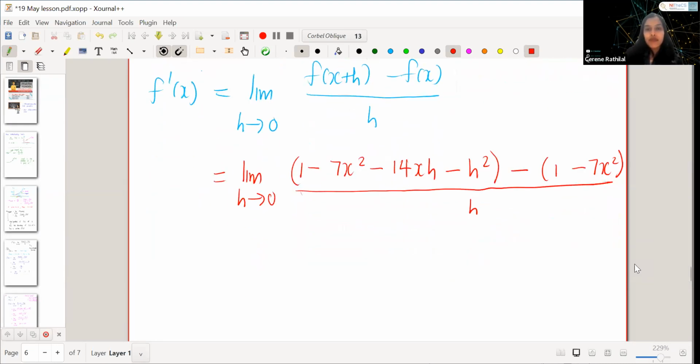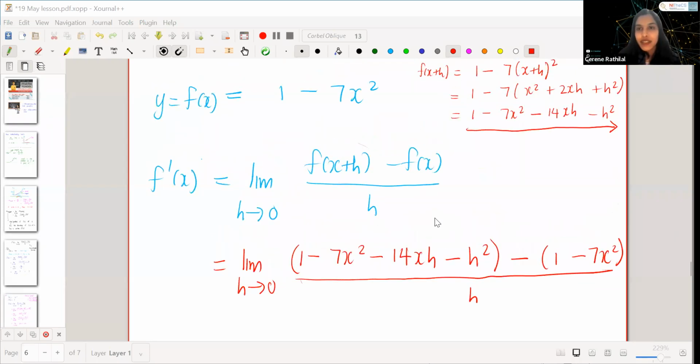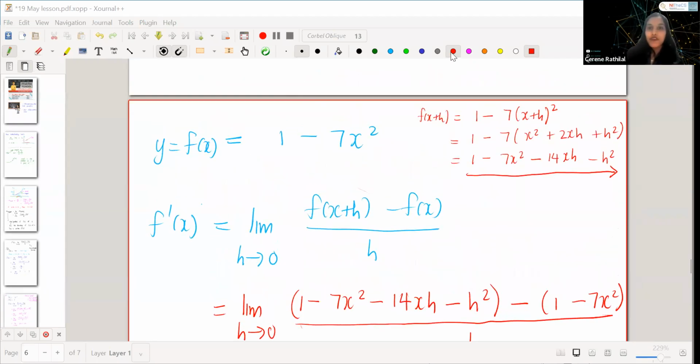So now let's simplify in our next step. I see we've got some questions in the chat box. Isn't the last term supposed to be positive 7x squared? Oh, let's check. What did I do? Yes, wonderful. Thank you very much. Looking here at f of x plus h, we had computed x plus h squared, and here it is in this bracket. Then we needed to distribute the 7 to each term in there. Actually it is negative 7 into each term.